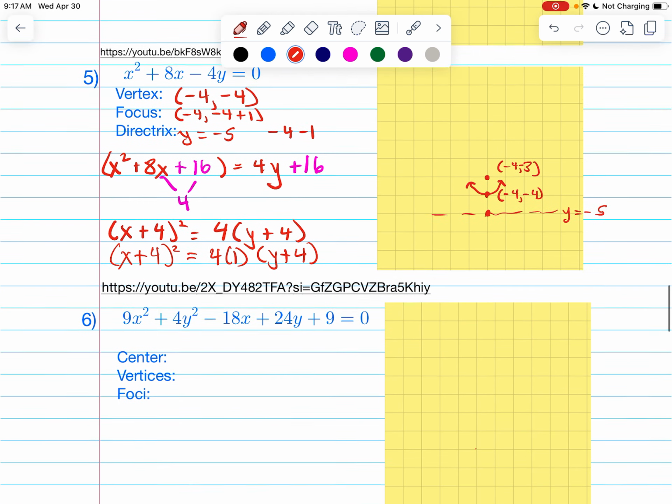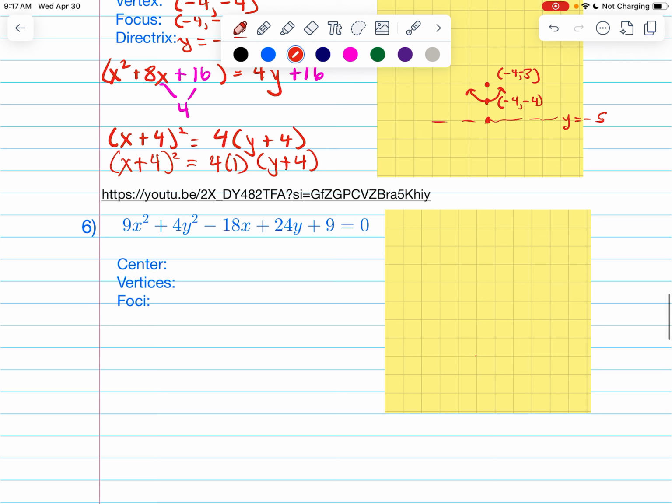Okay, now let's go down here. Number 6, this one we've got an x squared and a y squared. They're both the same sign. They're both positive, so that tells me I've probably got an ellipse. So I'm going to group my x's together.